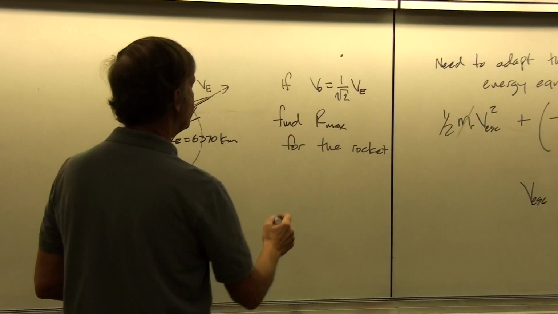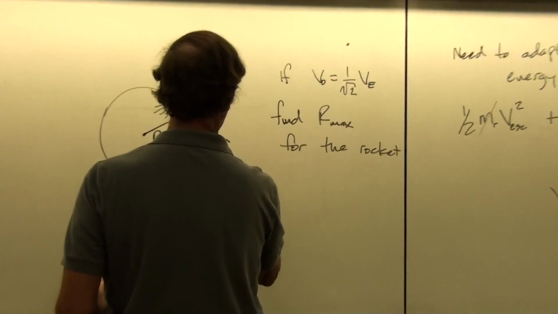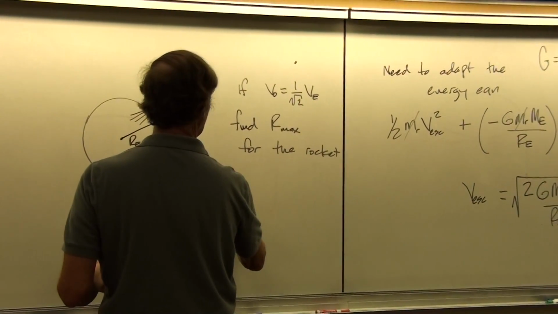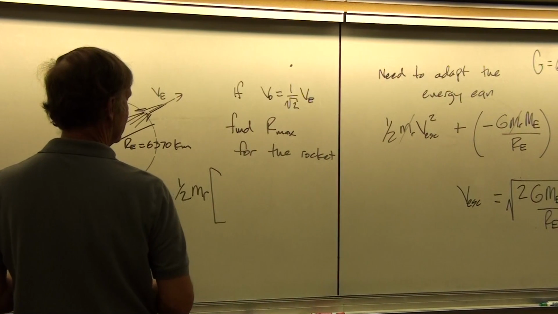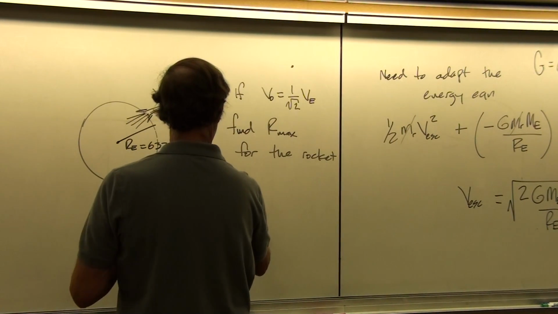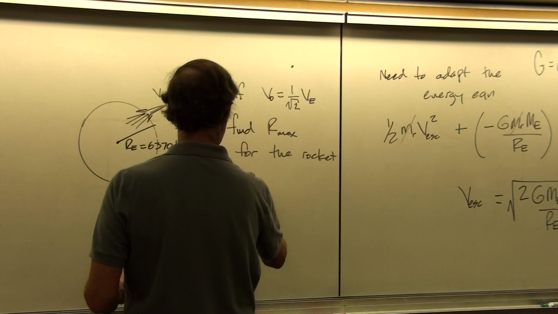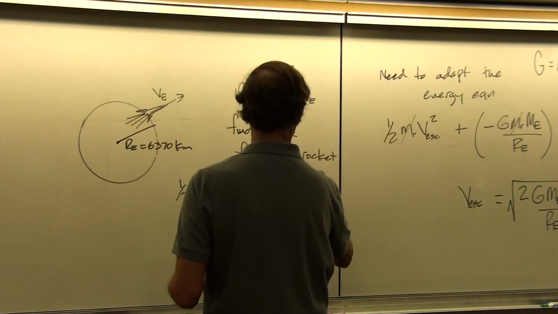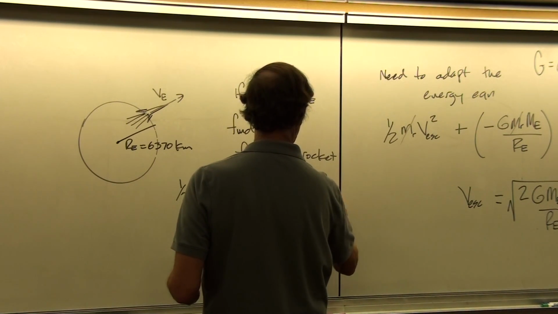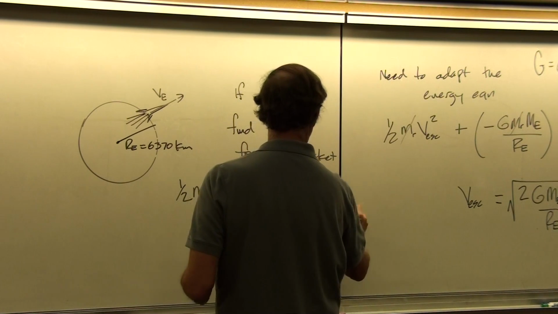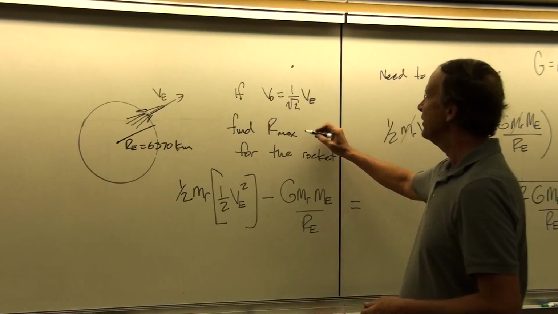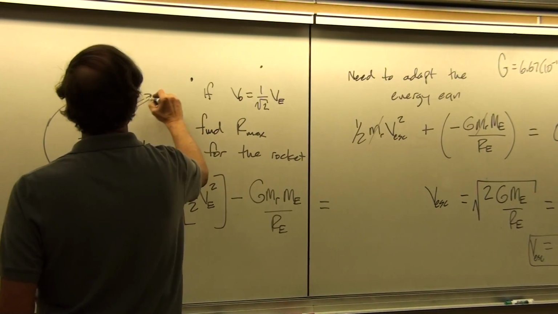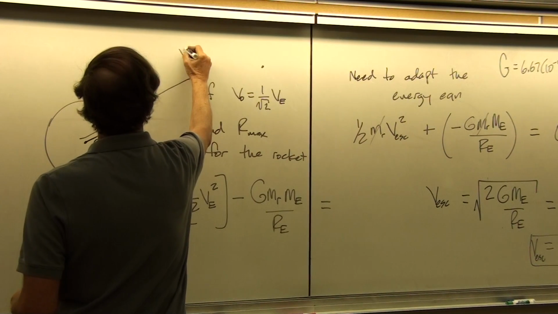Okay, so if we plug in here, we see that we've got 1/2 mass of the rocket times 1 over square root of 2 times V escape squared, minus G, mass of the rocket, times the mass of the Earth, divided by radius of the Earth, equals, now we want the maximum R value, so when we reach R max, V final is 0.